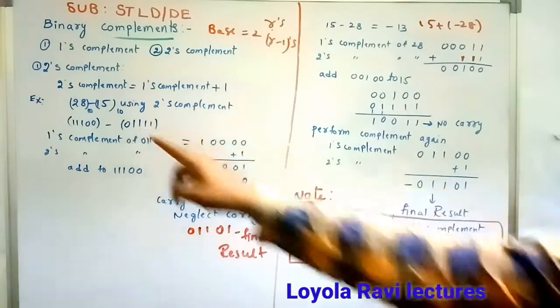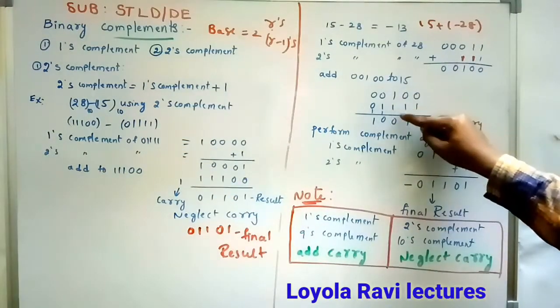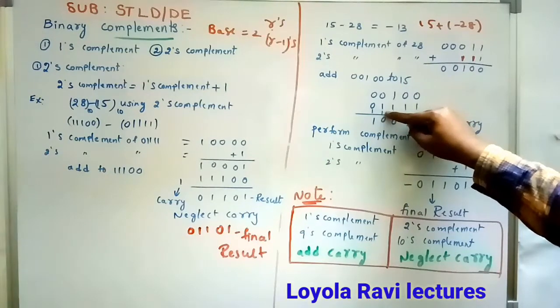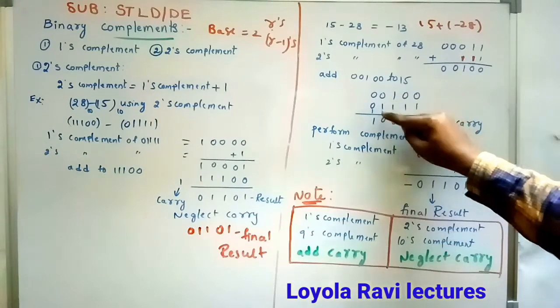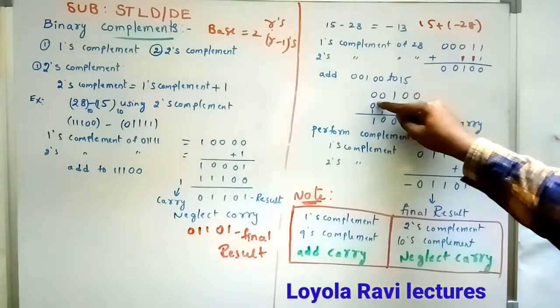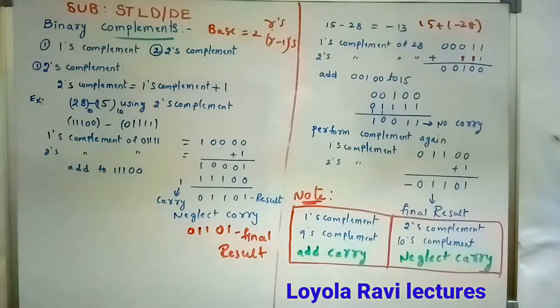Adding: 0 plus 1 is 1, 0 plus 1 is 1, 1 plus 1 is sum 0 carry 1, 1 plus 1 is sum 0 carry 1, 0 plus 1 is 1, 1 plus 1 is sum 0 carry 1, 0 plus 0 is 0, 0 plus 1 is 1. We get 10011. Here we get no carry.